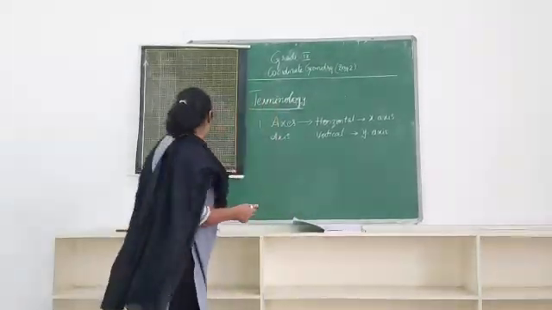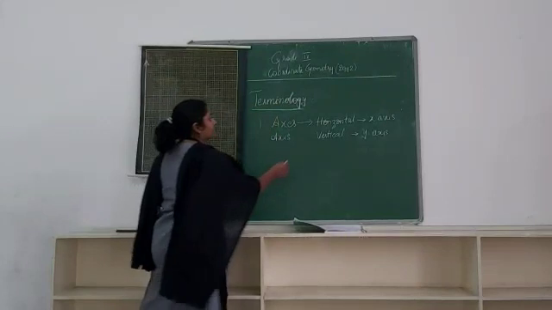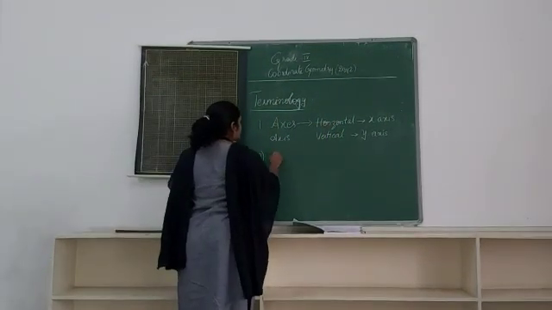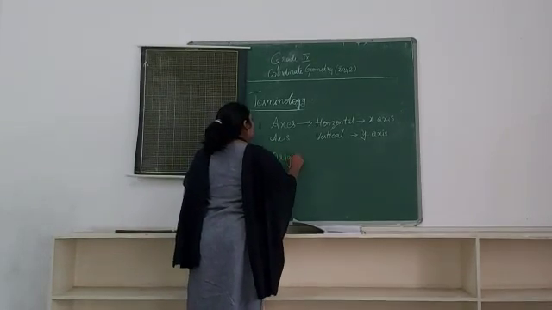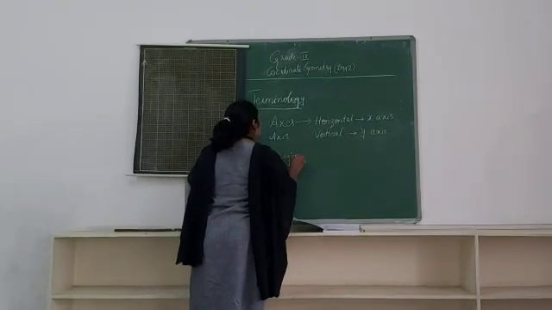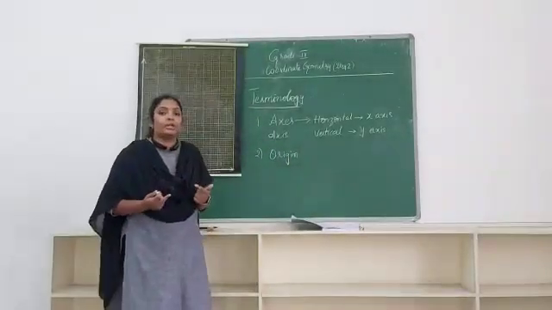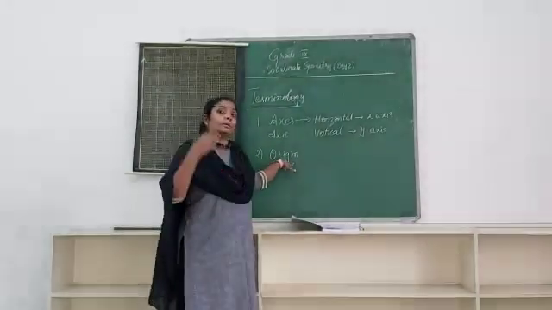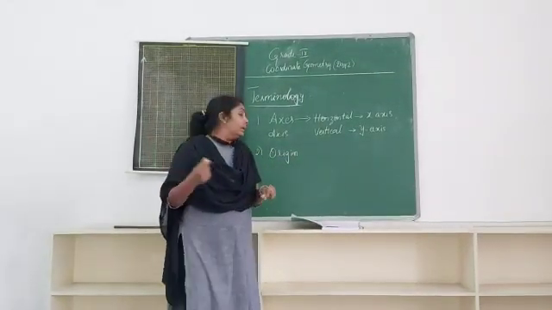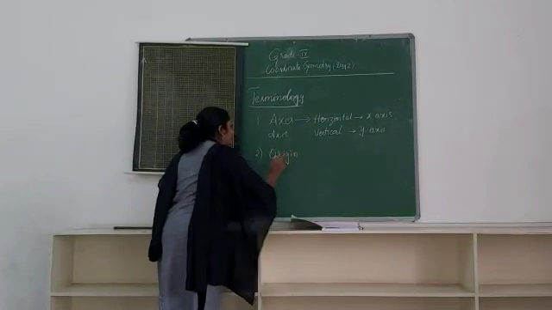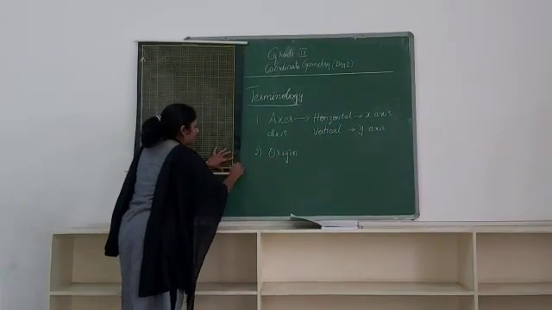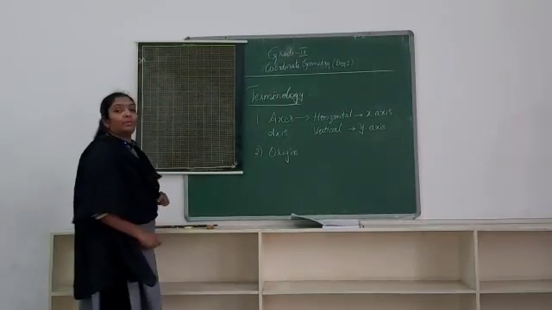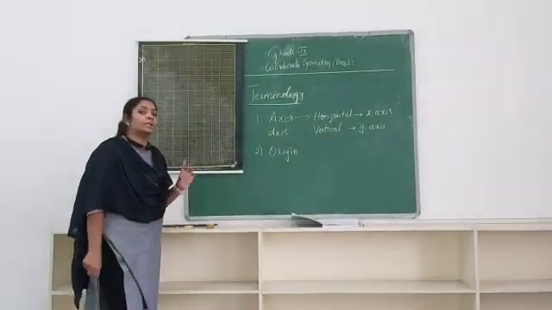Now the point of intersection of the x-axis and y-axis is called the origin. This is very important because when locating a point or an object, in certain calculations we also take the reference from the distance from the origin. The horizontal axis is the x-axis and the vertical axis is the y-axis.